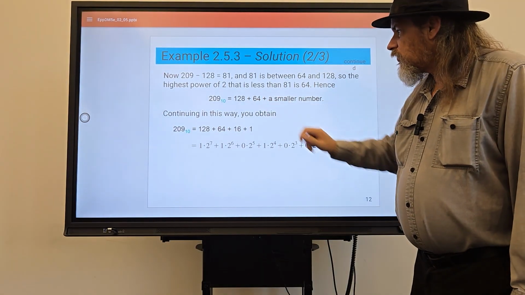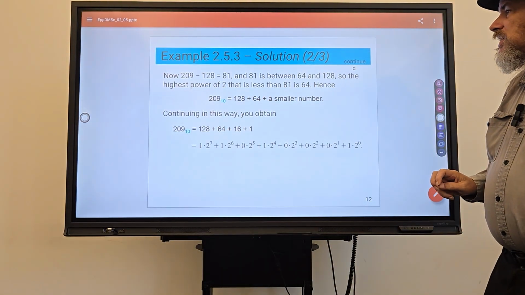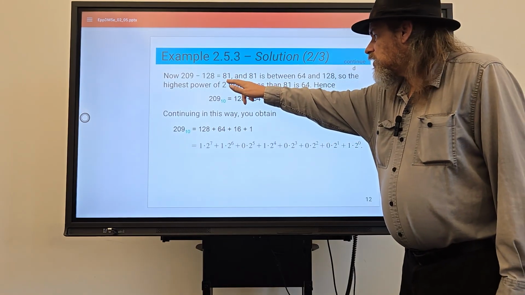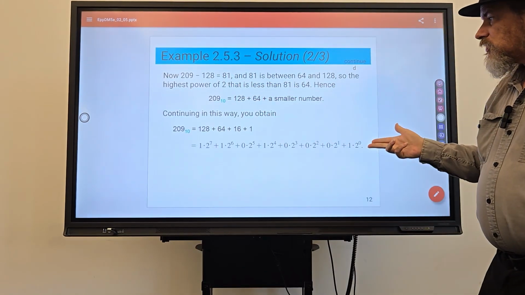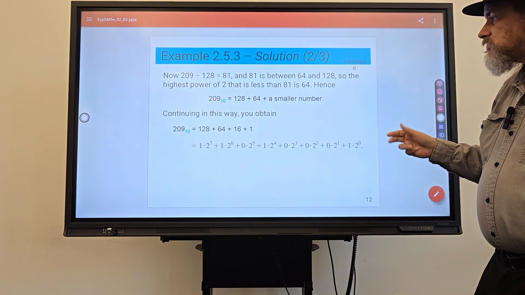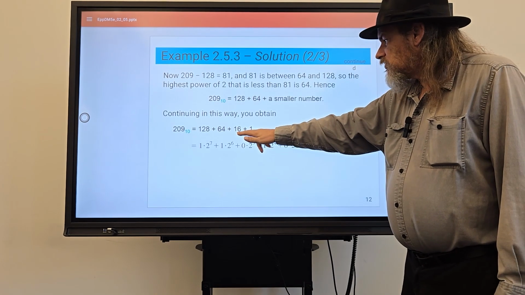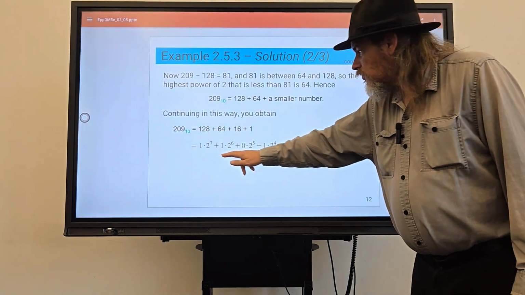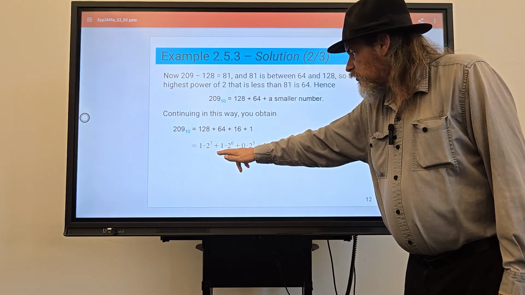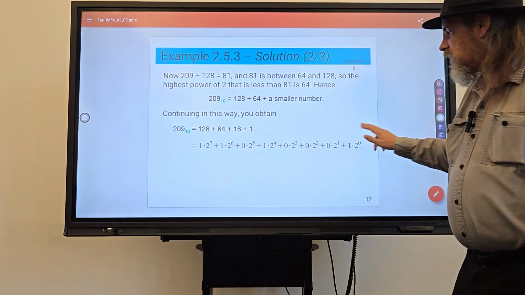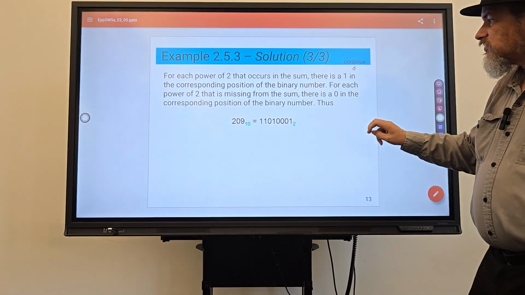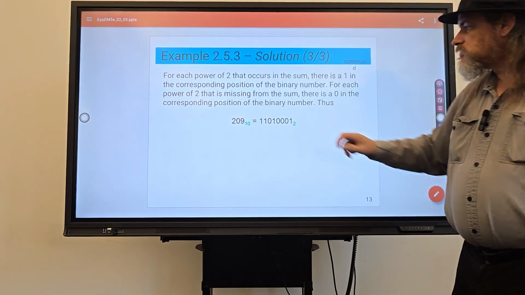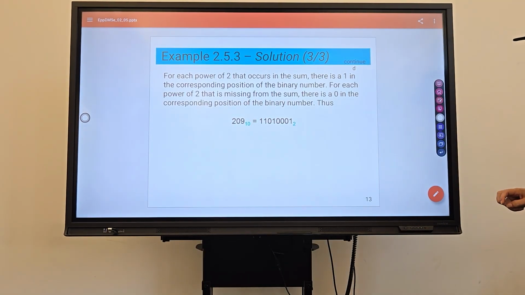So you add 64. Then subtract that from 81, which is 17, and then 16, and then 1. And so you put those 1s in the appropriate positions, which yields 11010001.